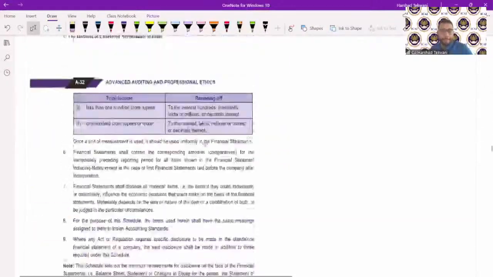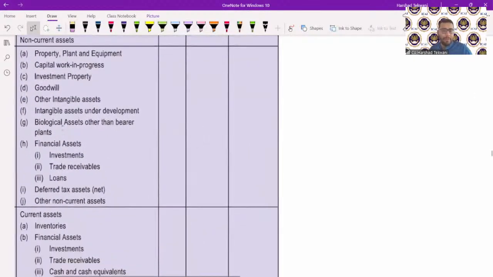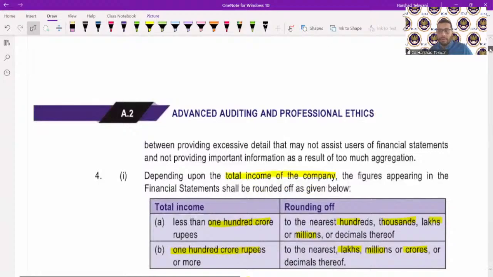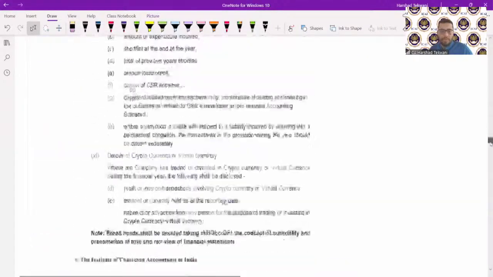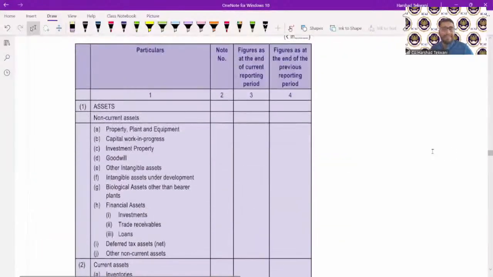Over here, this is Division 2 Part 1. Under Division 2 Part 1, we start with the asset, and that too non-current asset, in the reverse order of liquidity.